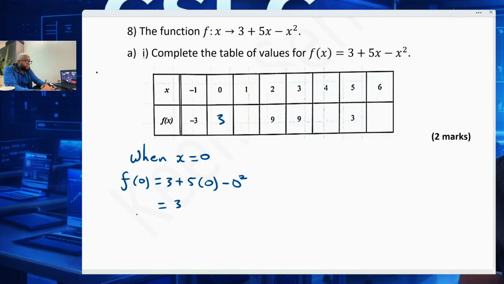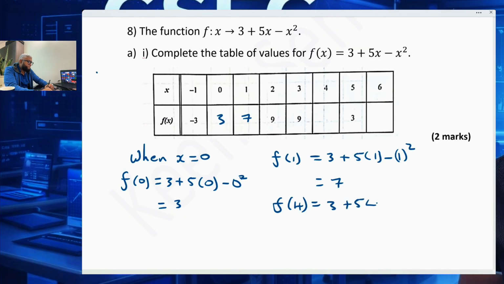And then we could just put f of 1. What's f of 1? f of 1 will be 3 plus 5 by 1 minus 1 squared, which will give me what? 7. And then let's find f of 4. f of 4 would be 3 plus 5 by 4 minus 4 squared, which will give me what? 7 again.